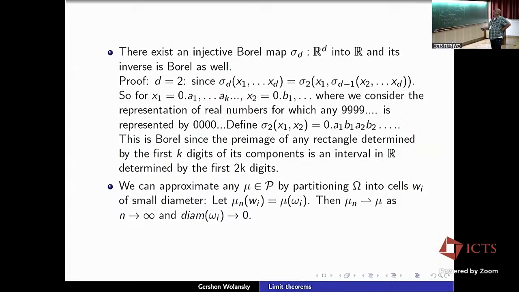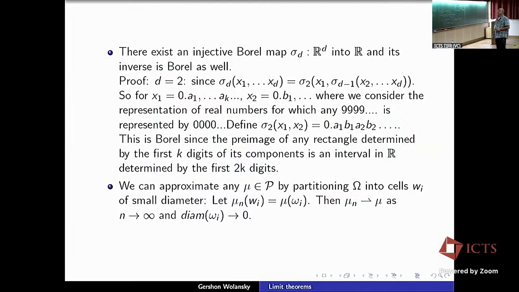So this composition is also Borel, if sigma 2 is Borel and sigma d minus 1 is Borel. For any d, then we define sigma d. So it's enough to do it for d equal 2.